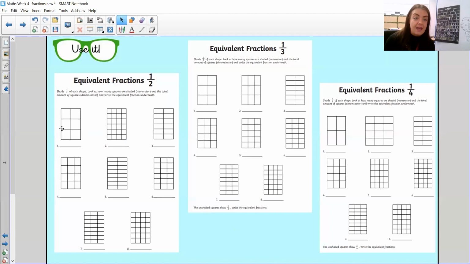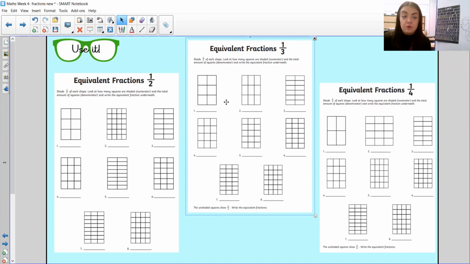So here you can see that you've got lots of shapes that have all been split into different parts. Okay, and what I would like you to do is to simply find out what equivalent fractions are by shading the different amounts of parts to make the same amount.